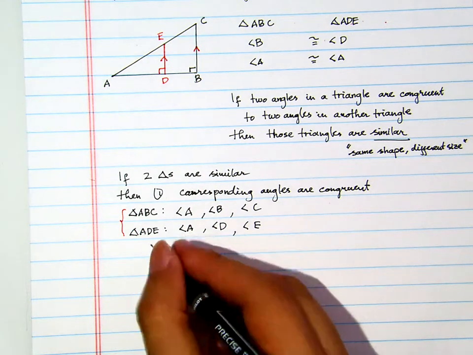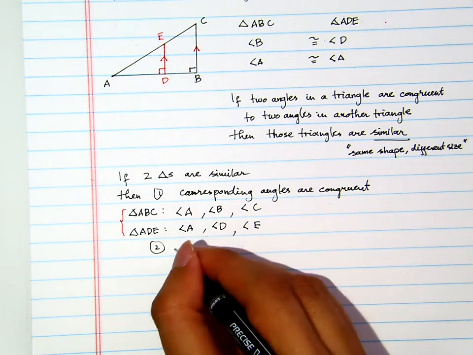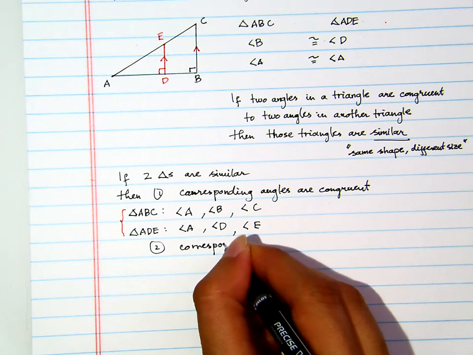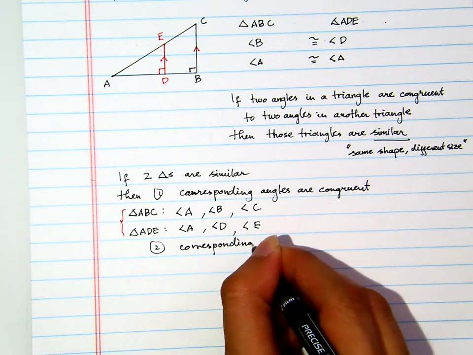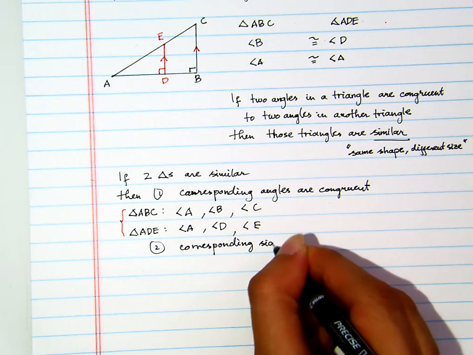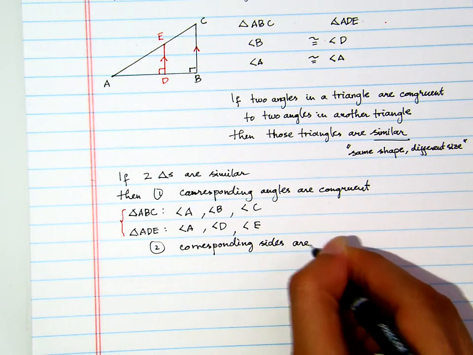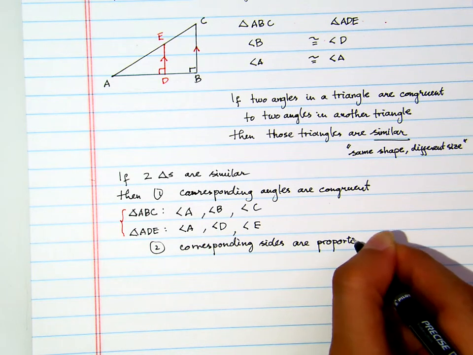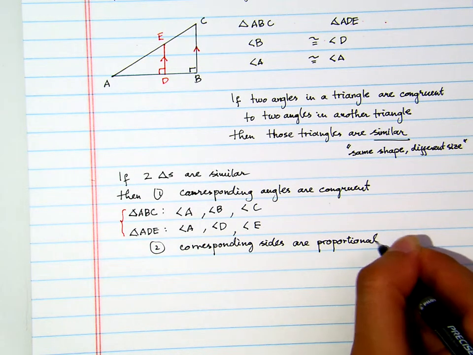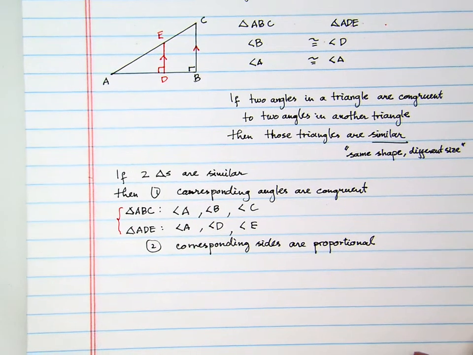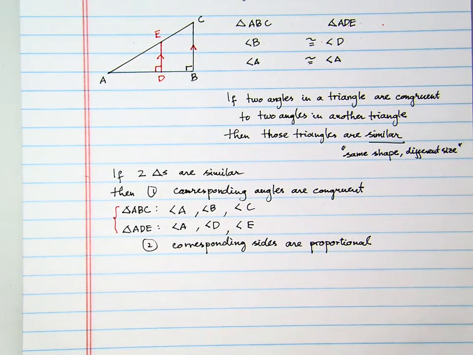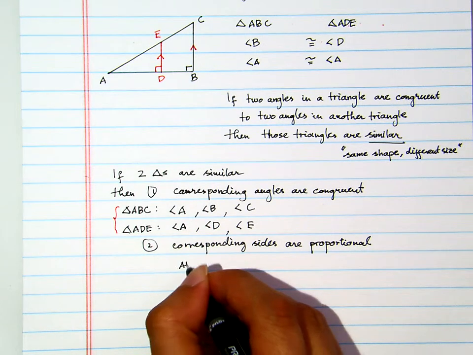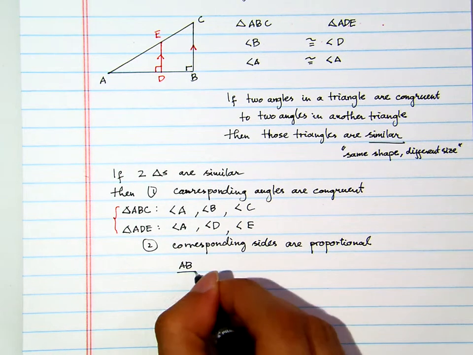Now second, and this is the more important one, the corresponding sides are proportional. This is the key and the foundation to trigonometry. In other words, AB corresponds to AD, right?